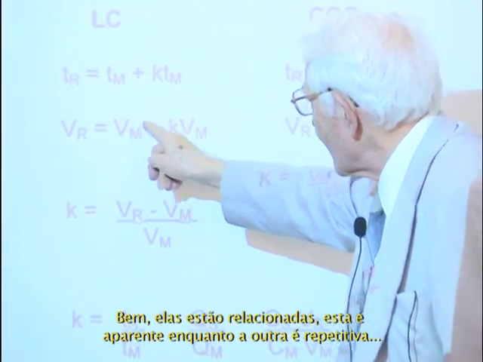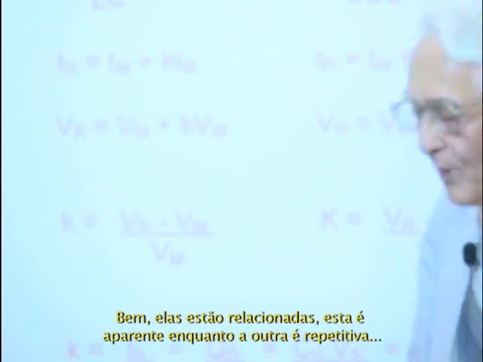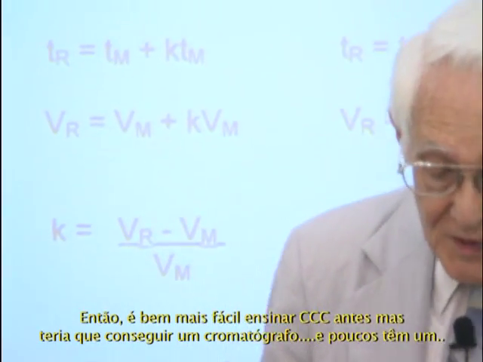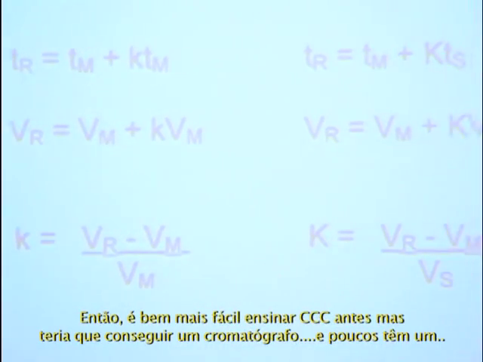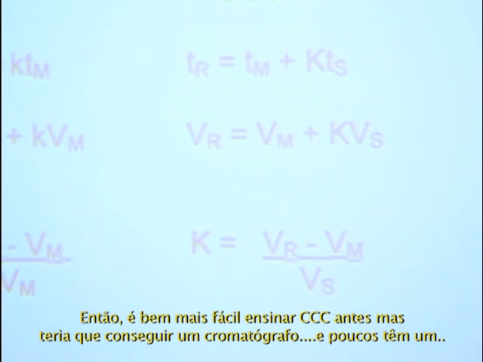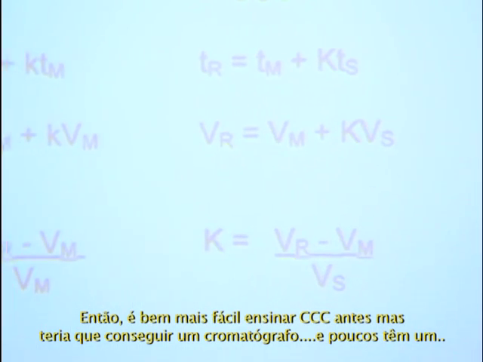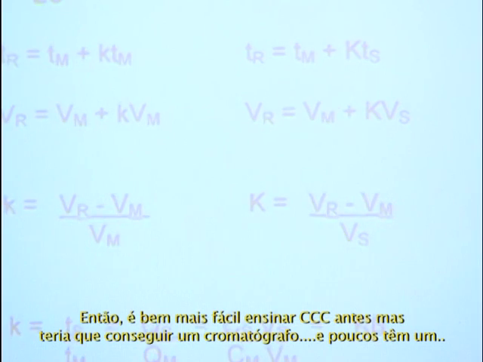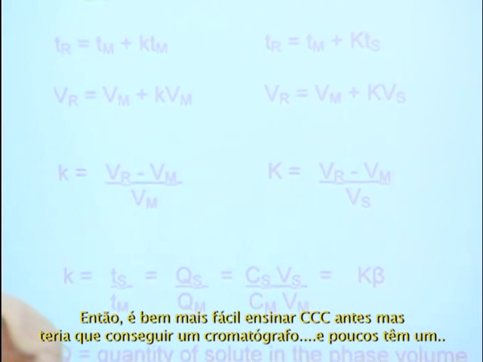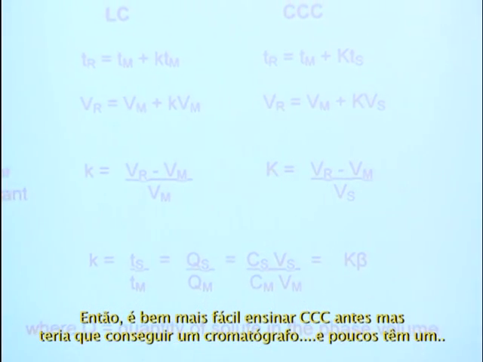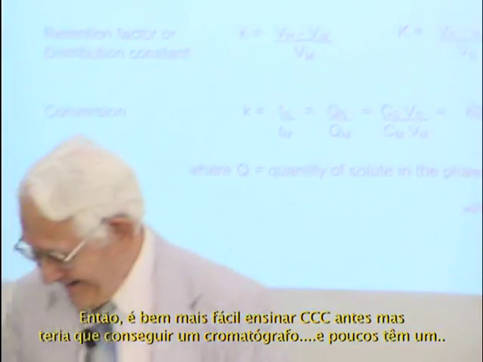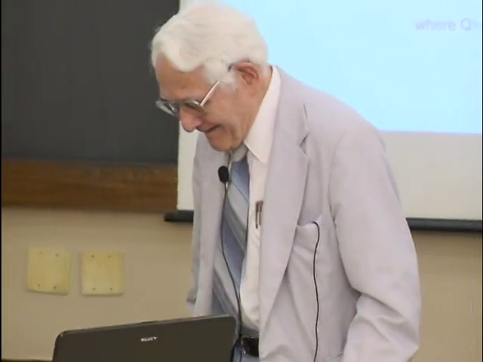You end up getting repetition of the mobile phase volume. So it's much easier to teach countercurrent chromatography first, but you have to get a countercurrent chromatograph into all the chemistry departments in order for that to ever happen. And very few have one. Okay.